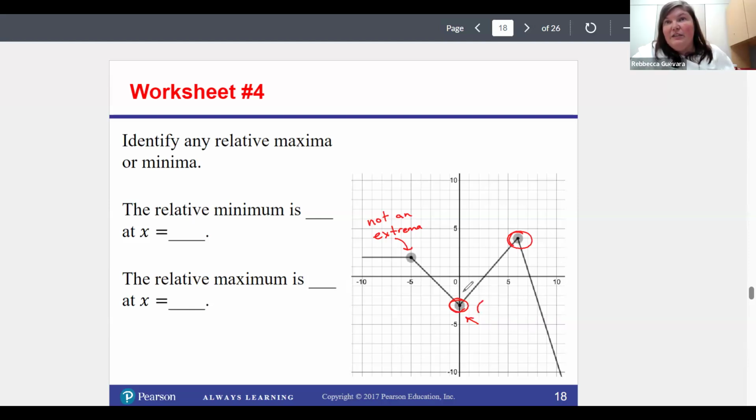And as we see, this is going to occur at x is 0, y is -3. So the minimum is -3, and it occurs when x is 0. The maximum's here at (6, 4). So the relative maximum is 4, and it occurs when x is equal to 6.